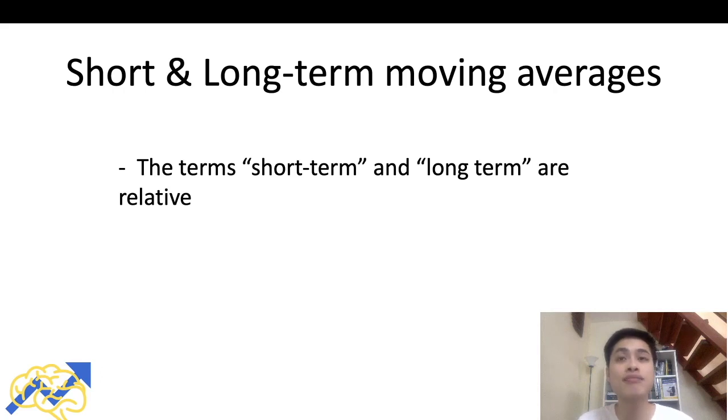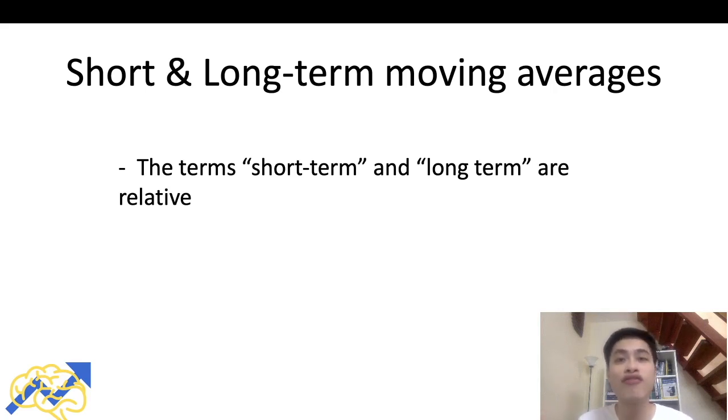A longer term investor, however, may consider a 10-day moving average a shorter term moving average because he or she is using the 10-day moving average and the 50-day moving average. Again, if the investor compares the 2 moving averages, he or she will consider the 10-day moving average as a shorter term moving average because it is relative to the 50-day moving average.